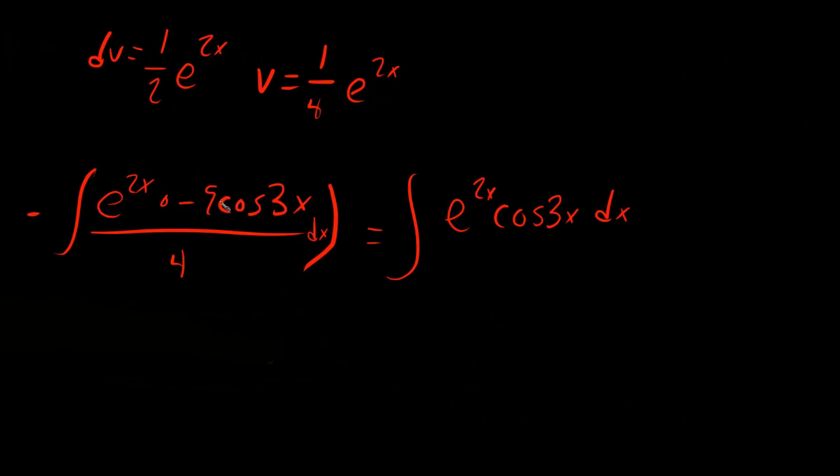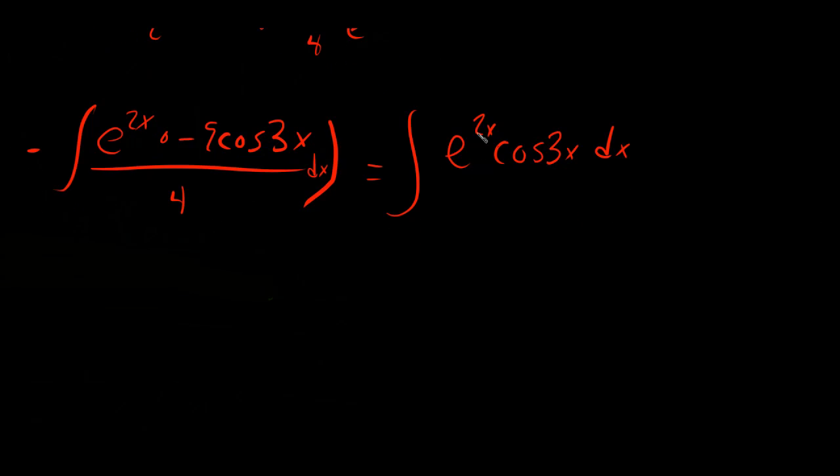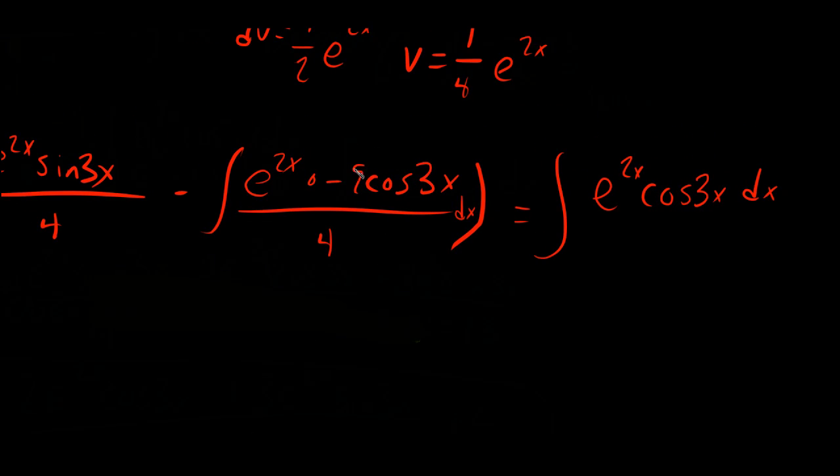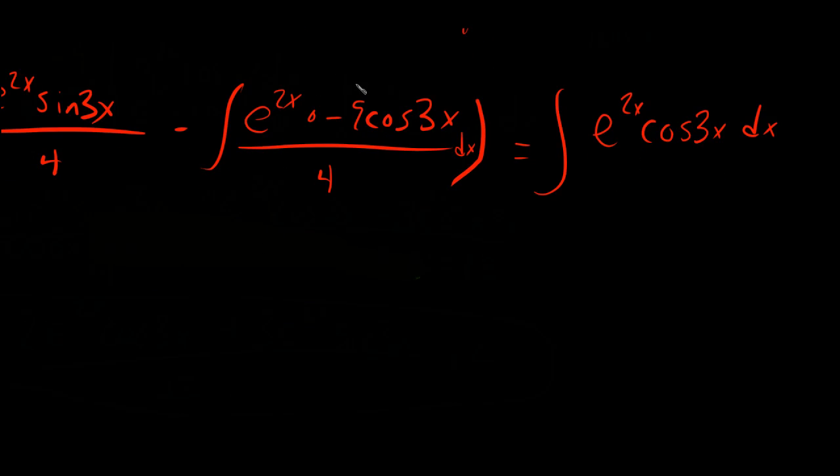So looking at these two, what is the difference between these two? They both have e to the 2x, they both have cosine 3x. All of the variables are kind of squared away. It's just this negative 9 times this and the whole thing being divided by 4. Since multiplication is commutative and this is being multiplied anyway, we can just move this to the front.